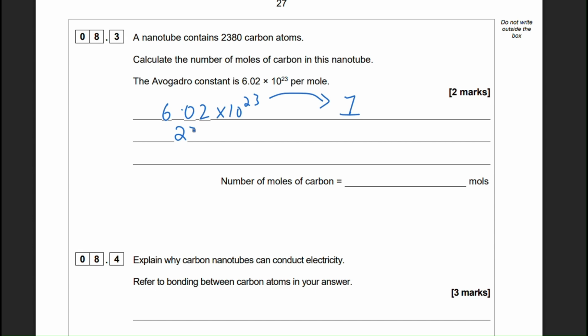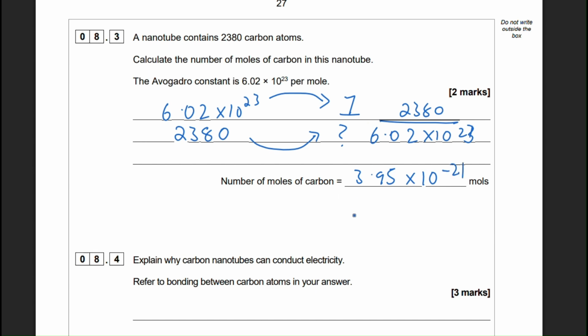We have only got 2380. So what it's asking you is how many moles is that? You just do 2380 divided by Avogadro's number, and the answer is 3.95 times 10 to the minus 21 moles.